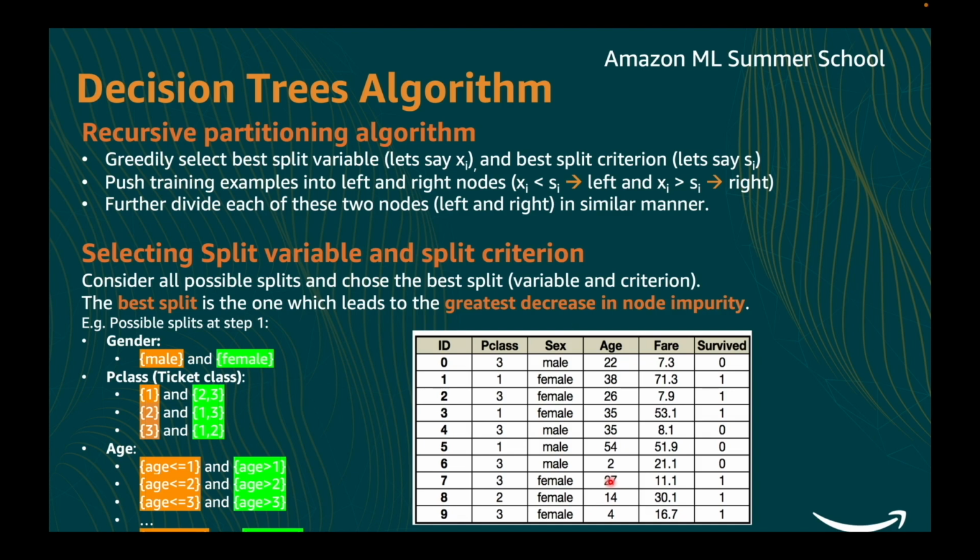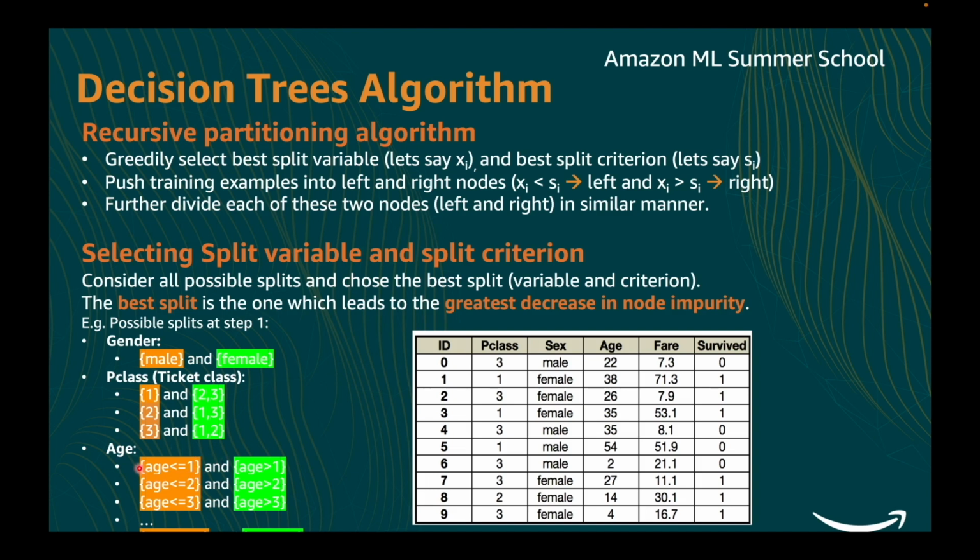We can have gender as one split criteria, which can be male or female. So x1 will be gender, and s can be male or female. We can also use age as a criteria. For example, all of the ages between 1 and 80 could be valid split criteria, and as you can see over here, it'll give us two nodes.